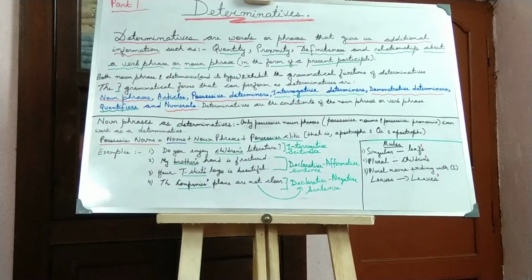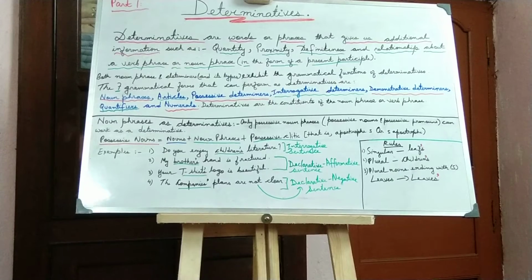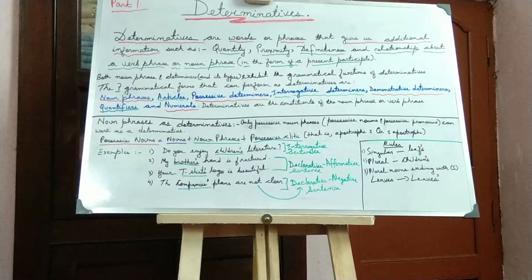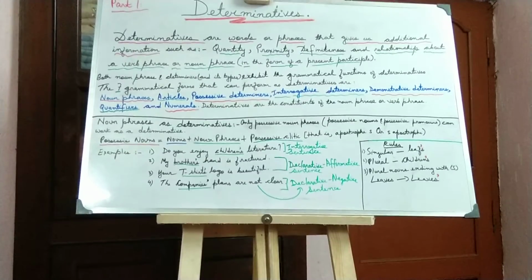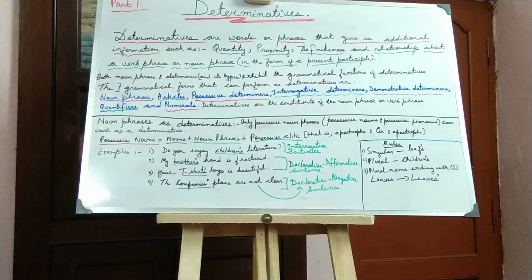So there are 7 grammatical forms that can perform their work as a determinative. What are those? Number 1 is noun phrases, number 2 is articles, number 3 is possessive determiners, number 4 is interrogative determiners, number 5 is demonstrative determiners, number 6 is quantifiers, and lastly numerals.